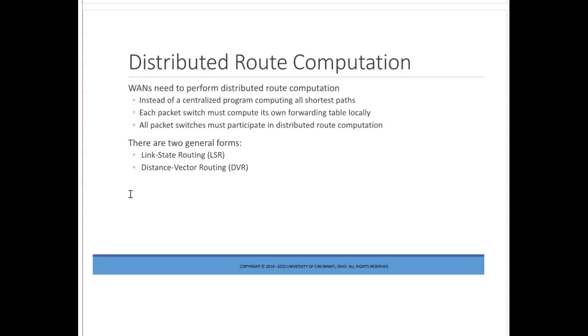There are two general forms: link state routing, LSR, which uses an algorithm, and distance vector routing, DVR, which uses another approach. Link state routing protocols such as Open Shortest Path First, OSPF, and Intermediate System to Intermediate System, IS-IS, create a topology of the network and place themselves at the root of the tree.